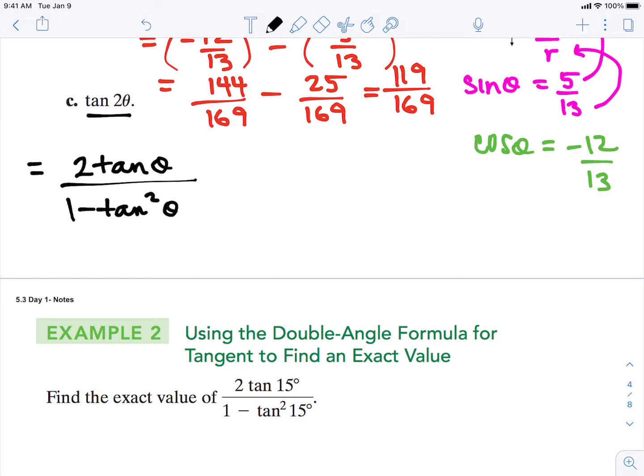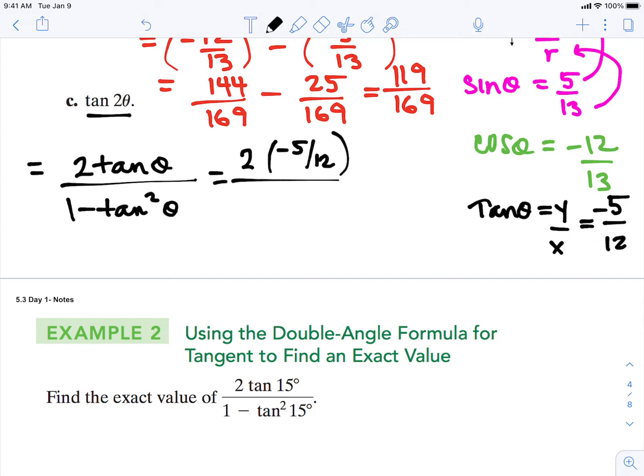Well, in the pink and the green, I have the sine and the cosine. To do the tangent, it's your y over your x. So the y was 5 and the x was negative 12. So there's the tangent. So now we're going to substitute into the formula. So 2 times negative 5/12 and then 1 minus negative 5/12, and we have to square it.